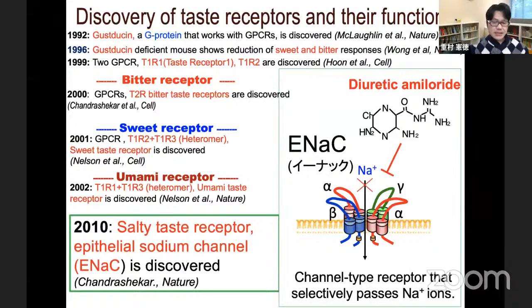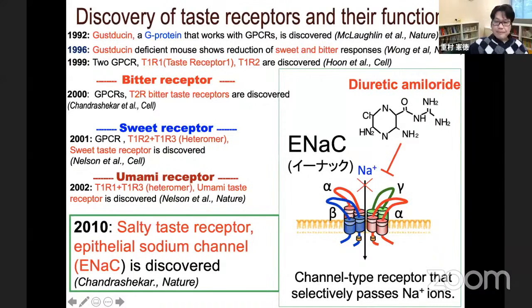A diuretic is a substance that promotes production of urine. So the salty receptor has been expected to be an epithelial sodium channel, ENaC, because ENaC is suppressed by this diuretic amiloride.